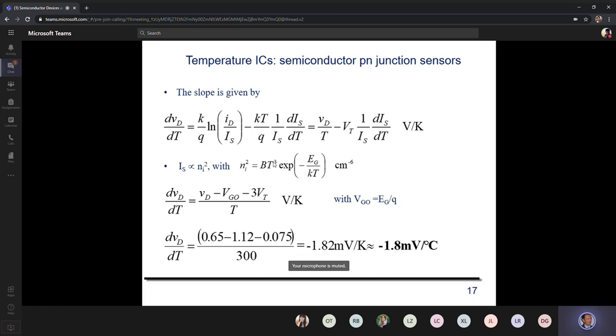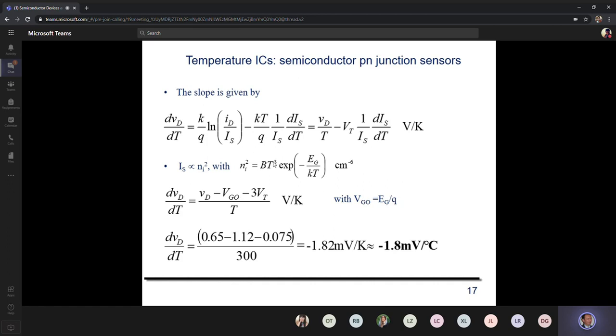the saturation current, and you can see it in the second line in smaller characters that the saturation current is proportional to Ni squared, and Ni squared in turn is proportional to B, that is a constant. You remember it contains the effective masses of the material and other constants.